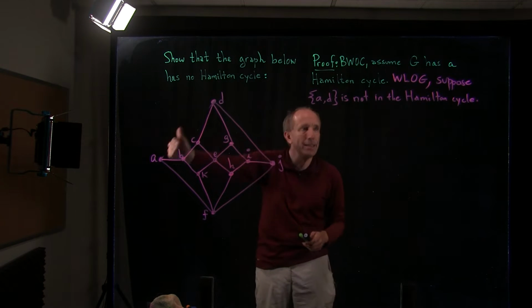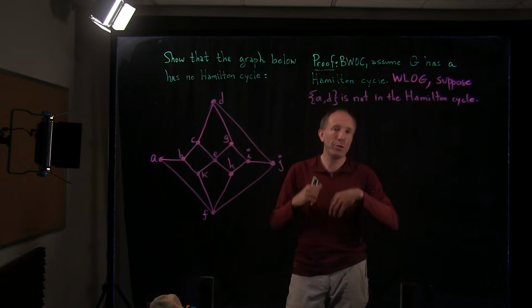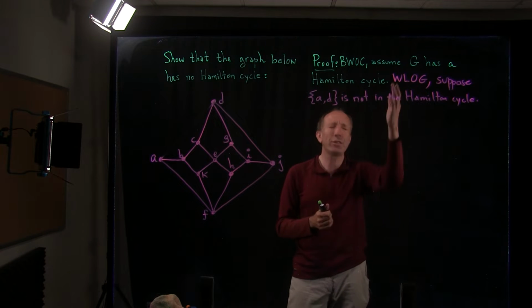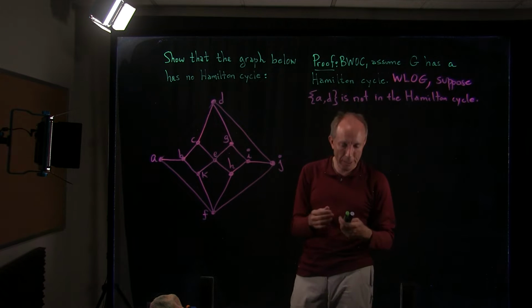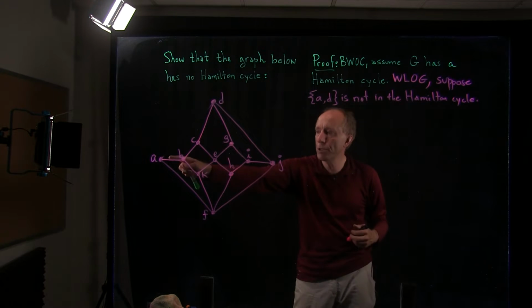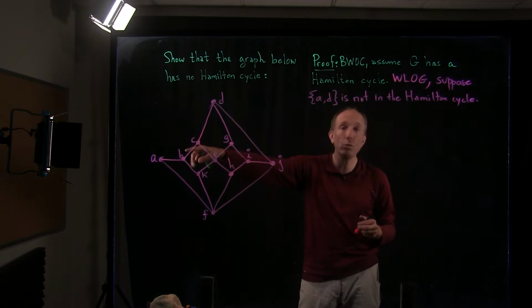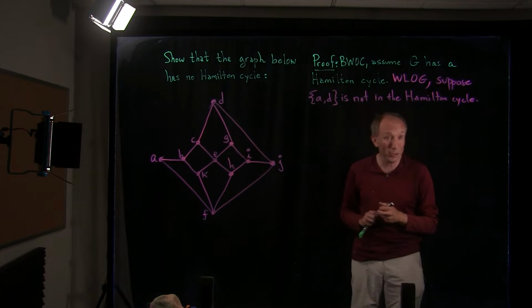Once I have deleted the edge AD, which is simply by way of, without loss of generality, I then see that some other things have to happen. Look at vertex A. There are only two other edges available.